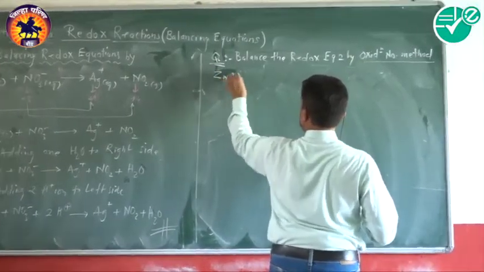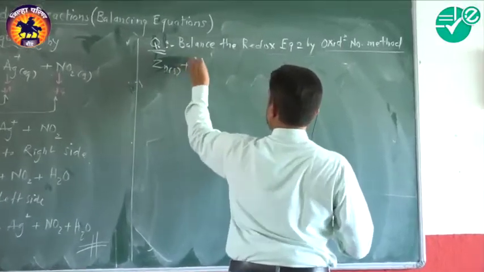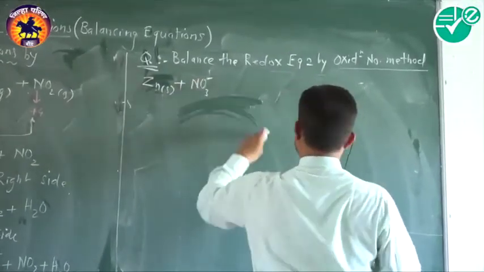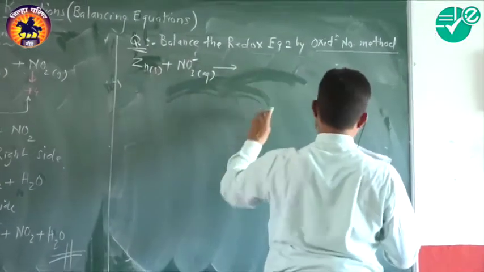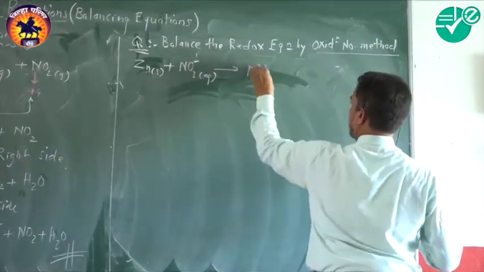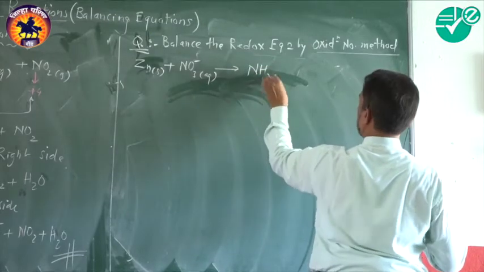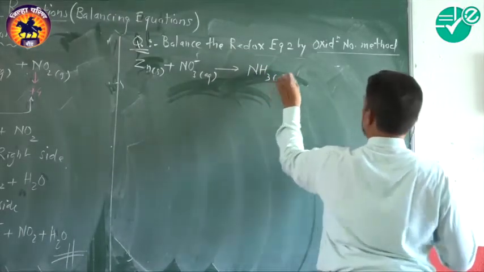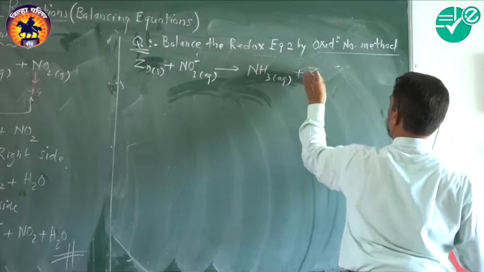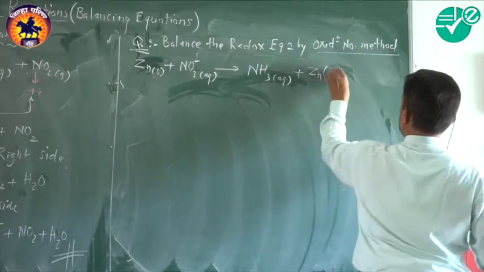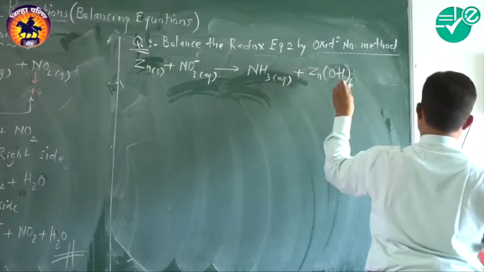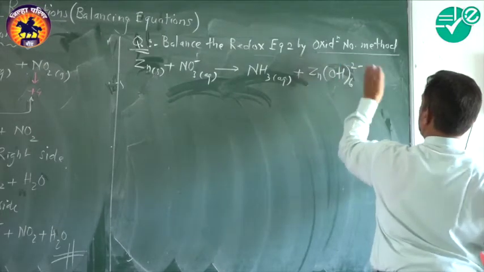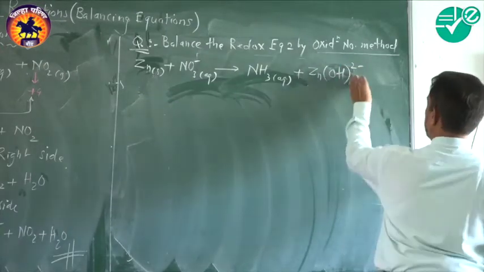Zinc plus nitrate gives ammonia plus zinc hexahydroxide ion in aqueous.